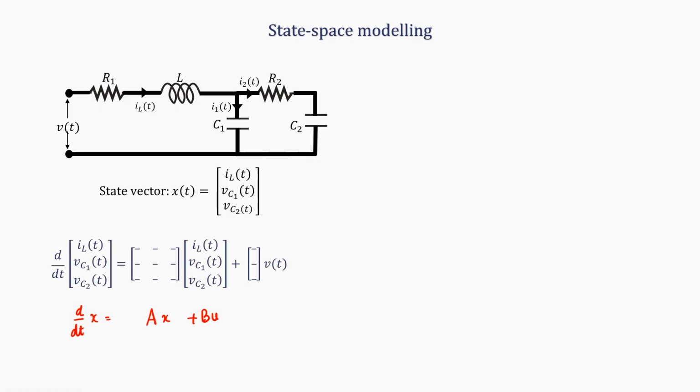So, here also d/dt of the state vector must be equal to the A matrix times the state vector, plus the B matrix times the input. This is a 3 cross 3 matrix and this has to be a 3 cross 1 matrix in this case, because while doing so you should also understand what the input and the output are. So, the input in this case is V(t), okay.